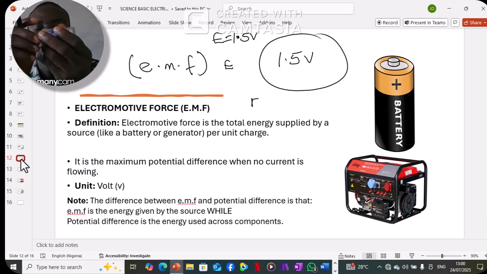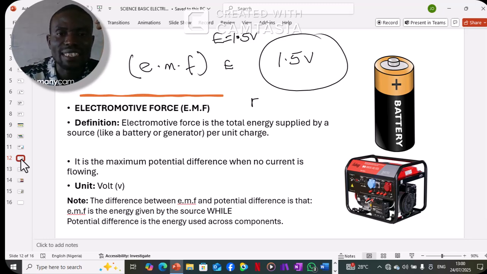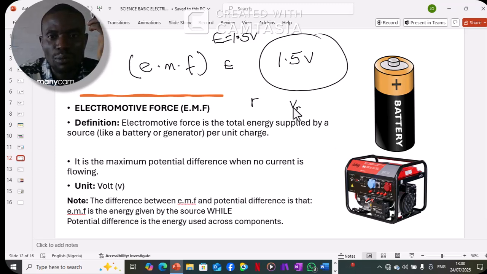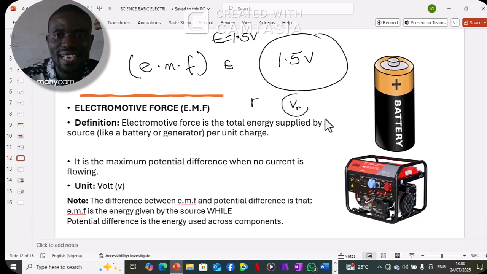There is going to be a voltage across it. The voltage across that small internal resistance is V small r. That is the voltage across the resistance inside the battery.